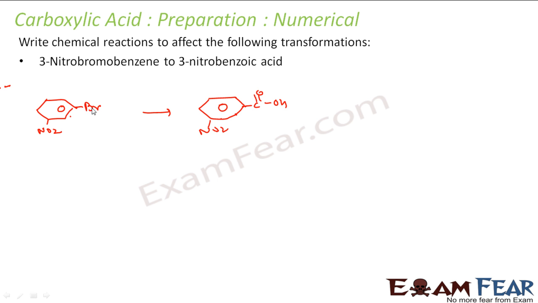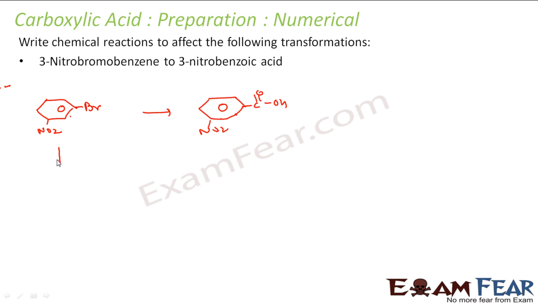We can replace bromine with CN and oxidize it. That is one option. There are two options, right? One option is I can directly react this with KCN, it becomes CN, and then I can oxidize it to become benzoic acid. That is similar to the last example.